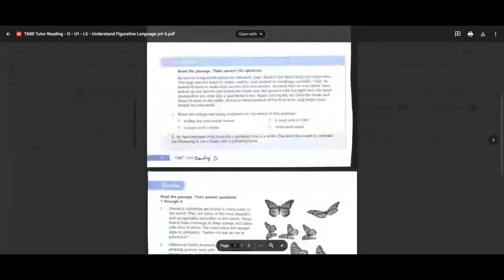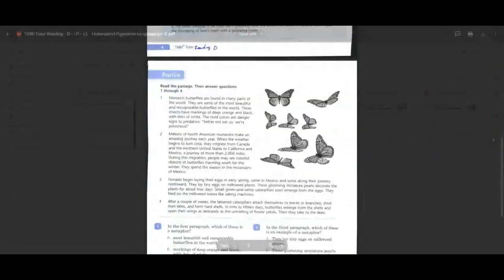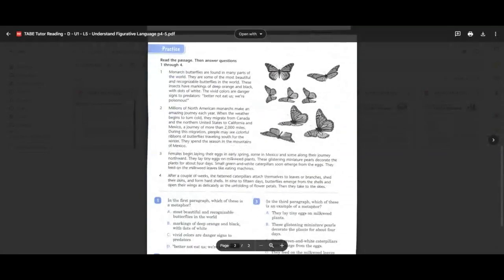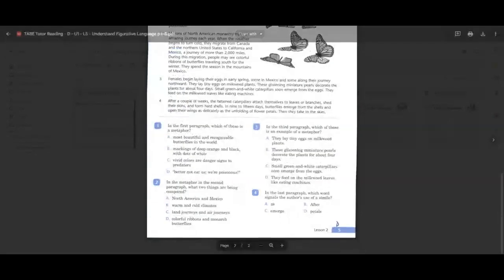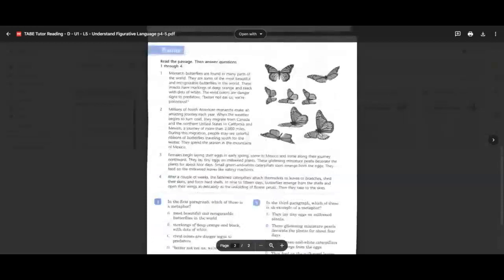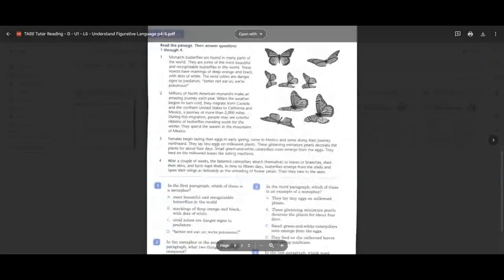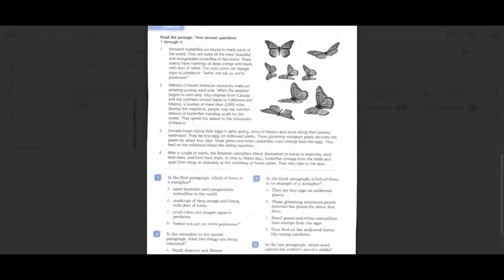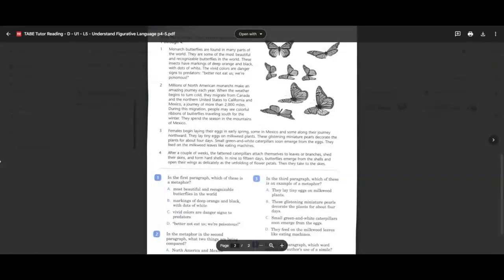I wouldn't worry about the example. I would come down here to the passage, and remember, before you read the passage, you should always look at the questions first. So I would glance through the questions, read the passage, and then answer these 4 questions. I've got that it's a little after 12. You should be able to finish this by about 12:15.